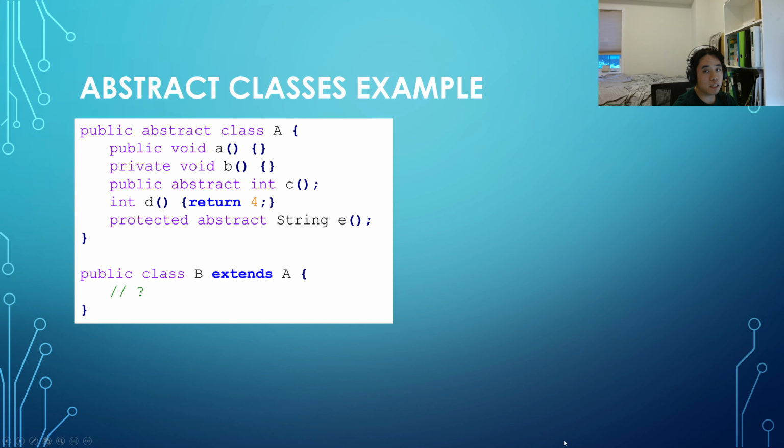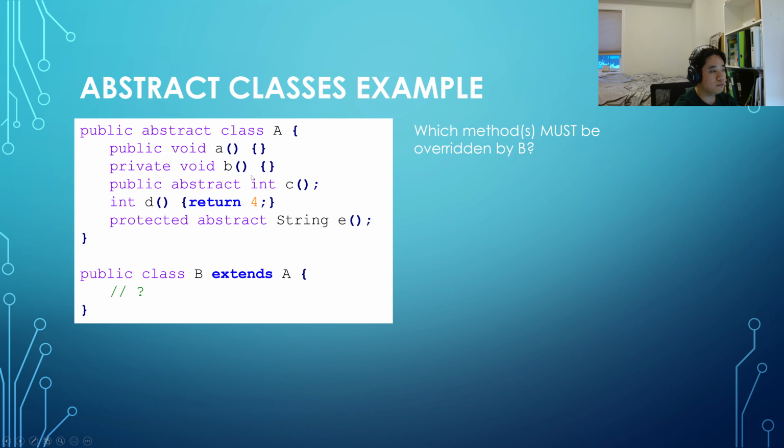So here's an example. I have a bunch of methods, and I'm trying to extend the abstract class A with the public class B. So the question is, which methods must be overridden by B? Now, the keyword is must, which means any other method which doesn't have to be overridden is going to be ignored in this question.